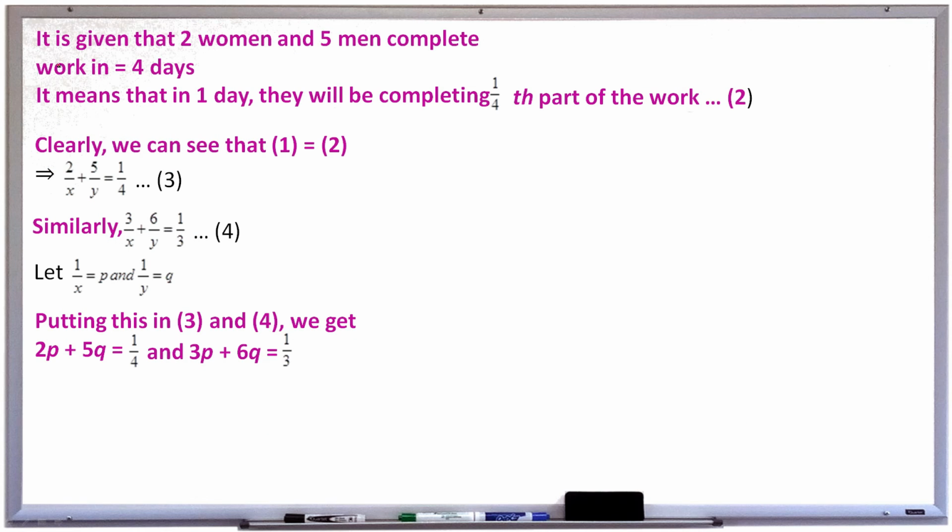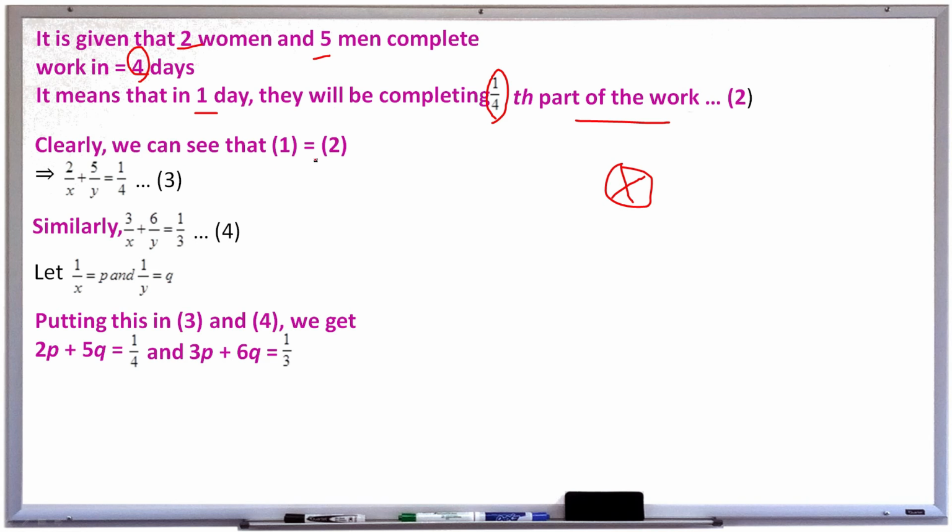Now it is given that 2 women and 5 men complete the work in 4 days. It means that in 1 day they complete 1 by 4 part of the work.